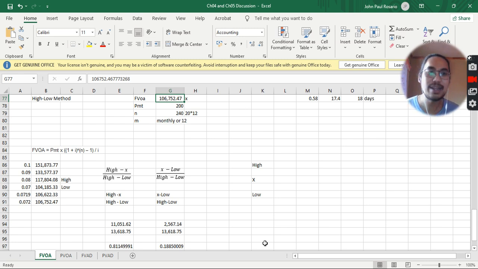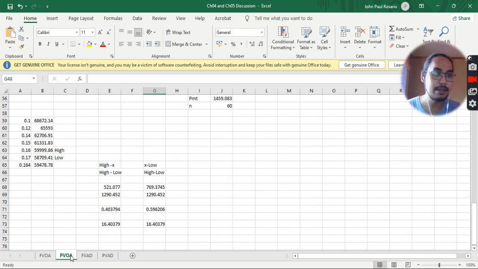Okay, so we're done now with our ordinary annuity future value, simple ordinary annuity, solving for future value. Now we will be solving for present value of ordinary annuity. So let's go to that.